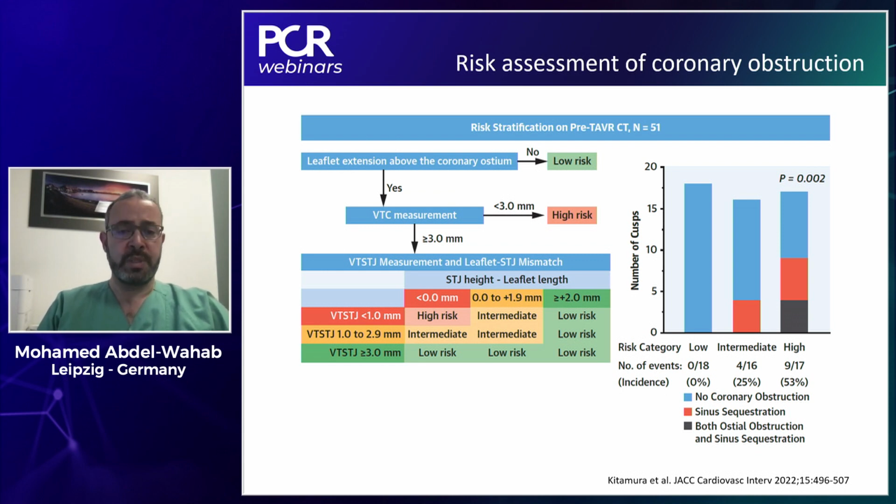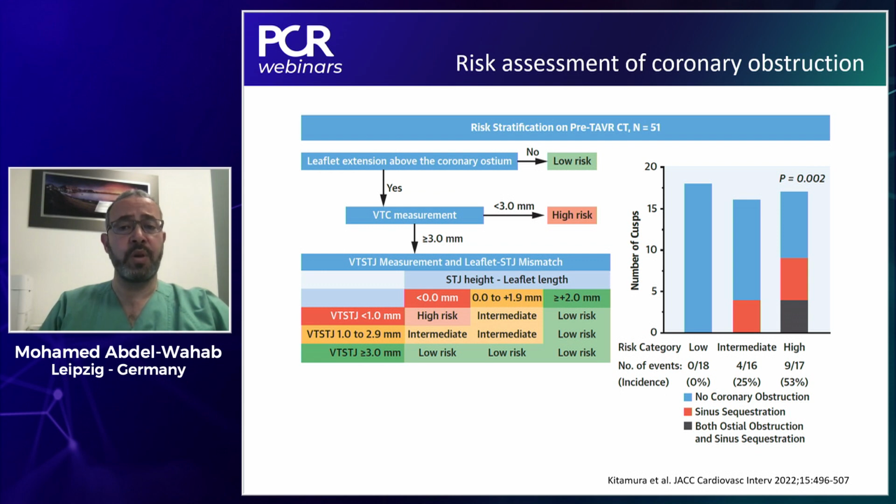So not the risk of direct obstruction, but the risk of sinus sequestration. And you need two measurements here. You need what we call the STJ height minus leaflet length. So it's simply a measurement of STJ height, and you subtract leaflet length. If it's less than 0, then definitely your leaflet is higher than the STJ height, and you will have a high risk. If it's between 0 and 1.9, it's intermediate.